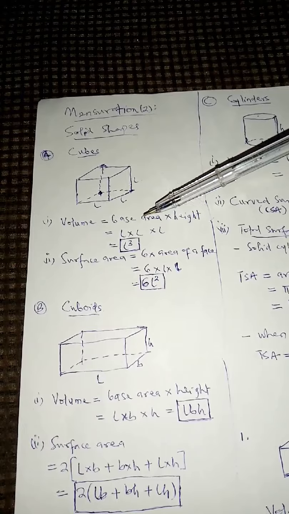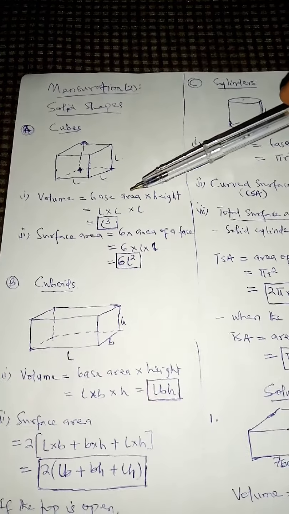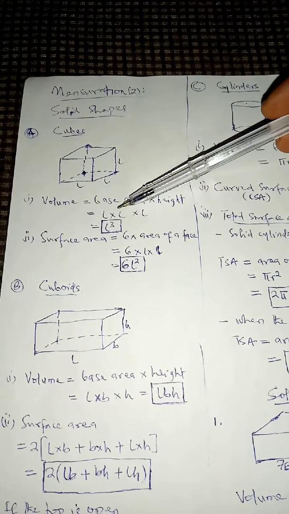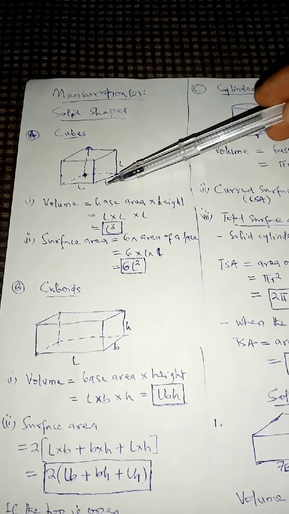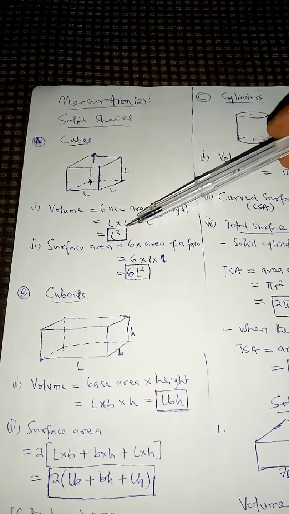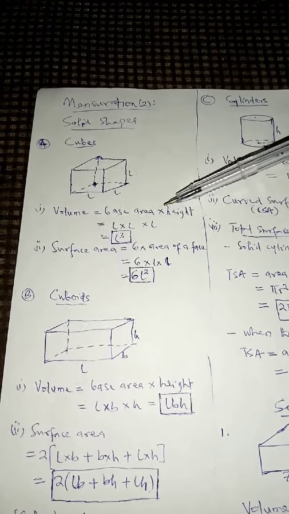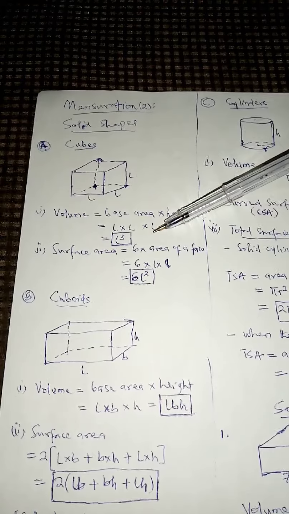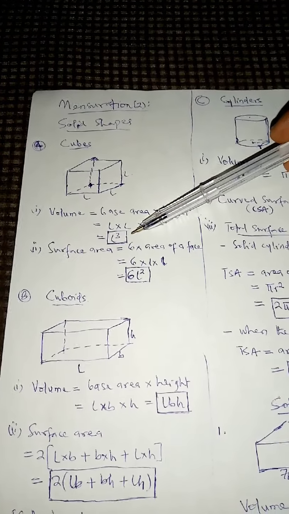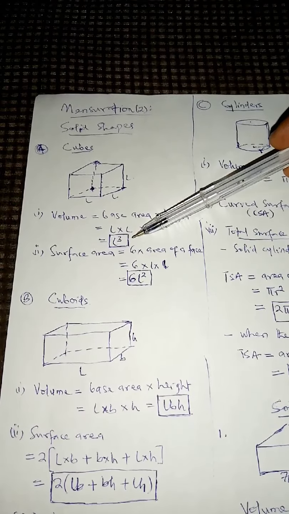Volume of a prism generally is base area times height. So when you check, the base is a square and the area of a square is length times length. That's why you are seeing L times L for the base area. The height is also L. Therefore, the volume of our cube is L raised to power 3. Put that in mind. Very important.